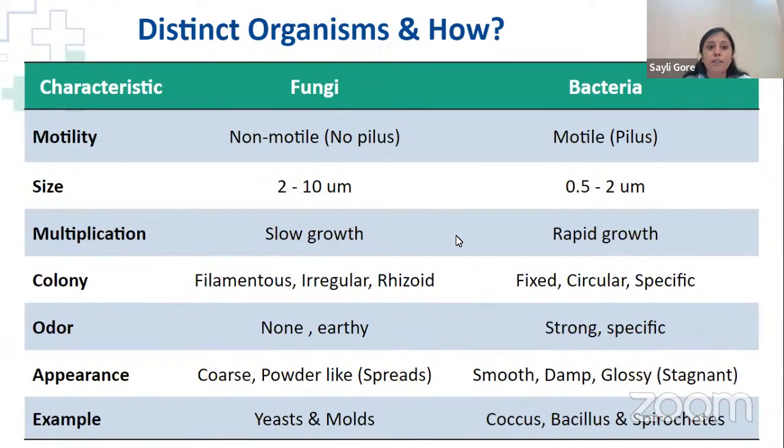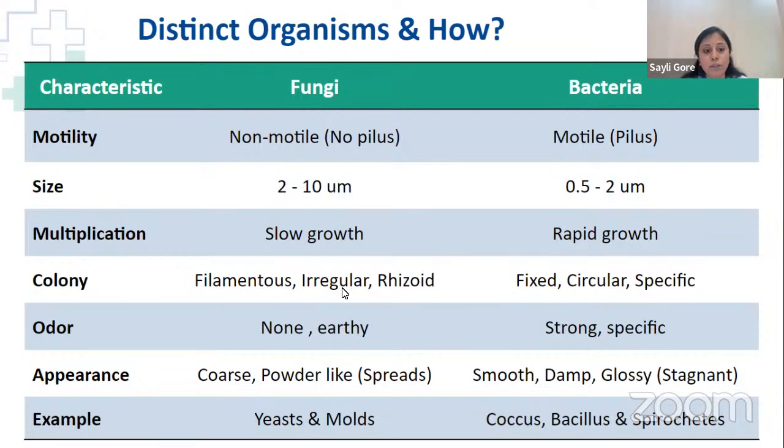Fungi do not move, they don't have pili, but bacteria can move with the help of pili. Fungi are a bit bigger in their size variations, while bacteria are a bit smaller. Then the colonies of fungal organisms grow slowly, but bacterial colonies have rapid growth. The colonies of fungal organisms appear rhizoid.